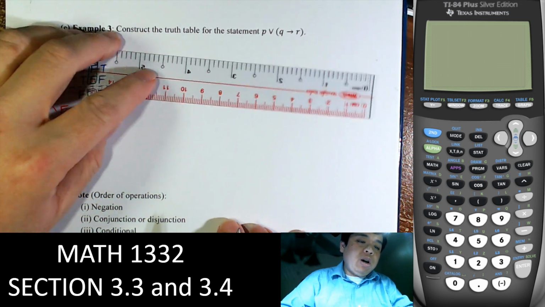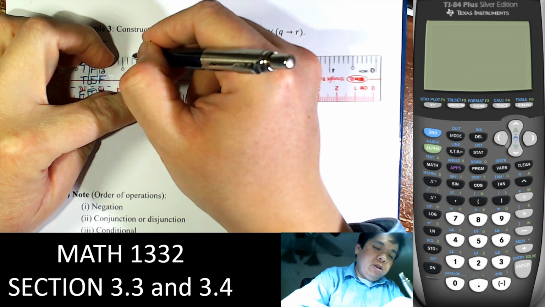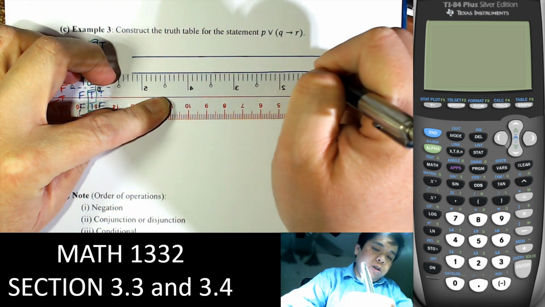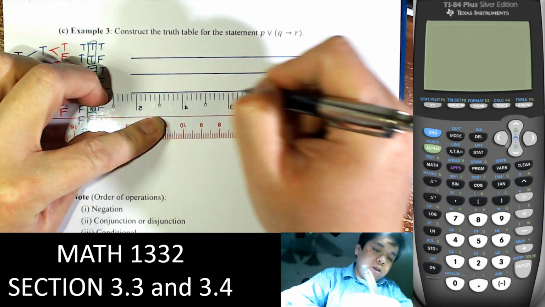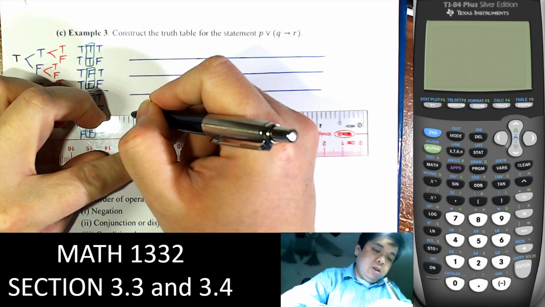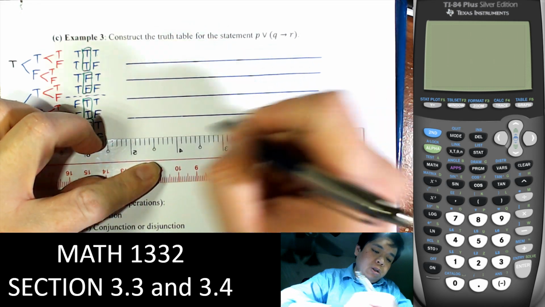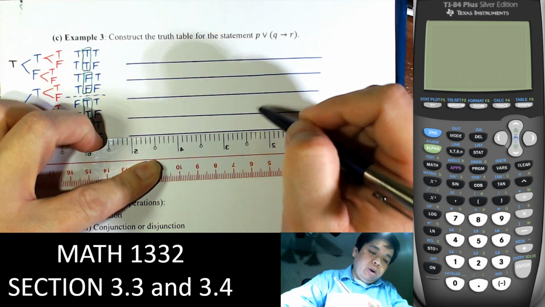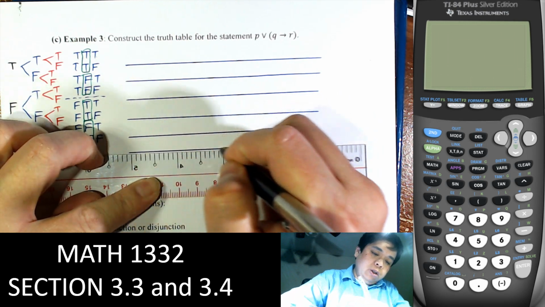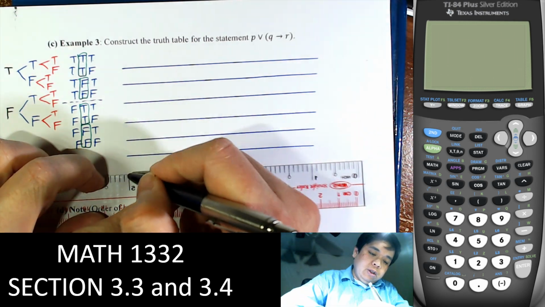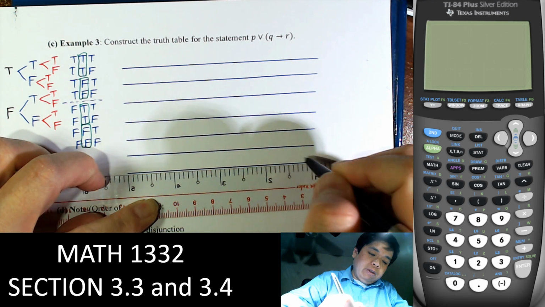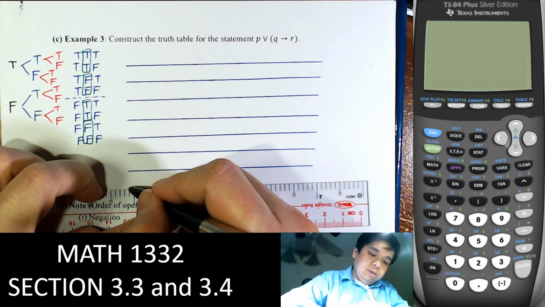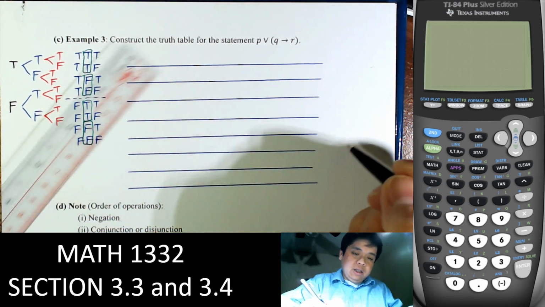Right, construct the truth table, so we just make a table. Rows 1, 2, 3, 4, 5, 6, 7, 8.